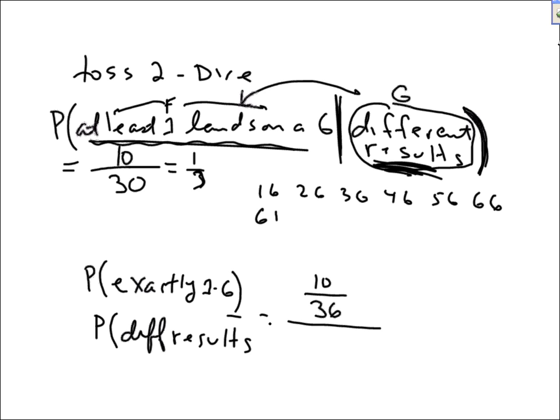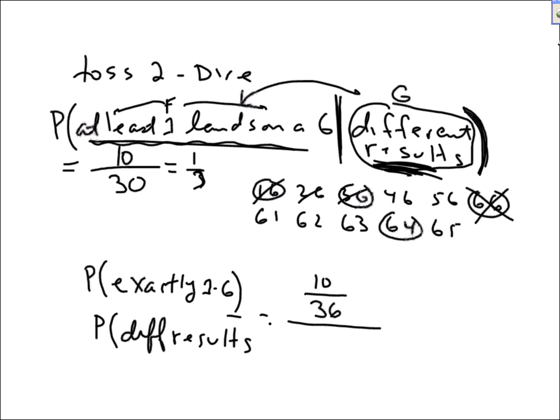You can have a 6 and a 1, a 6 and a 2, a 6 and a 3, a 6 and a 4, 6 and a 5, and I've already said a 6 and a 6. But this one gets knocked out because it's not exactly one 6. This has exactly one 6. This has exactly one 6. So does that. There's 10 of them. 1, 2, 3, 4, 5, 6, 7, 8, 9, 10. So it's 10 of 36 times, you'll get exactly one 6.